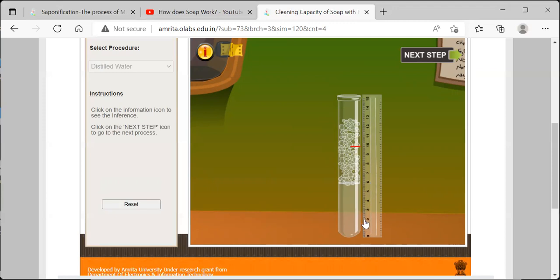If we look closely, the length of the soap solution is 6 centimeters. And from 6 centimeters up to 13 centimeters, that's where we see the foam, so it has a length of 7 centimeters.